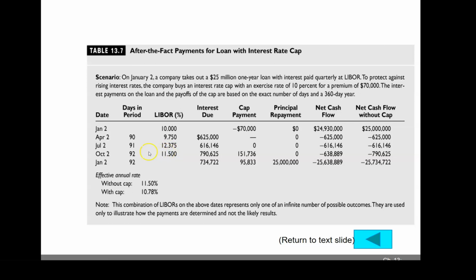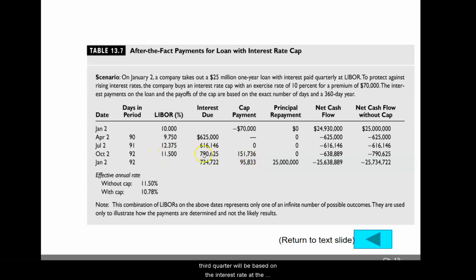So we will calculate this as 11.5% minus 10% multiplied by 25 million, and then 90 divided by 360, so that is 95,833, and that is why it is shown here.